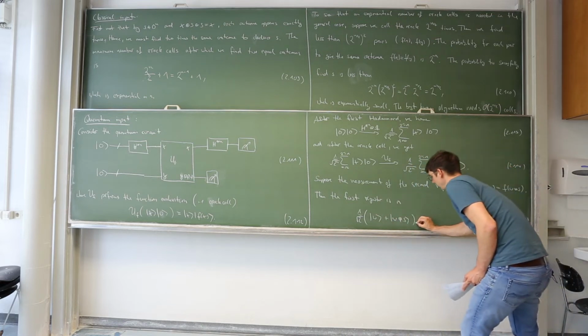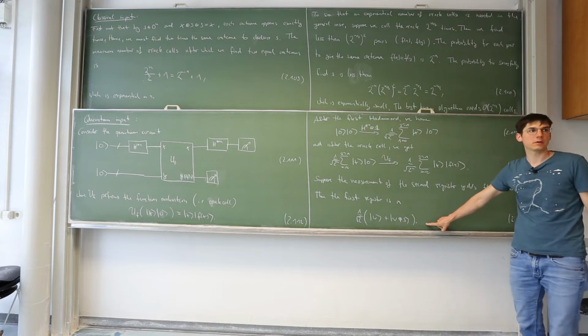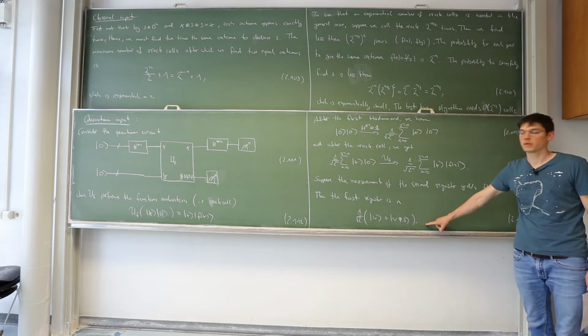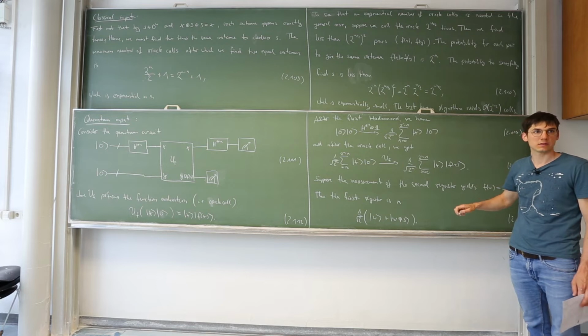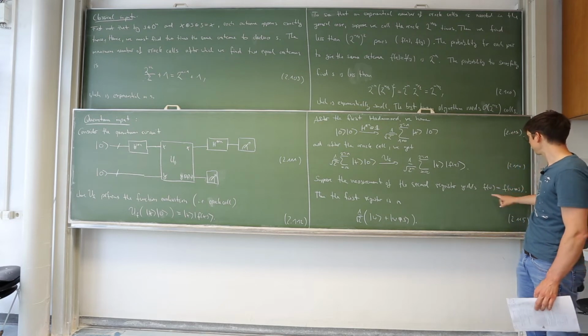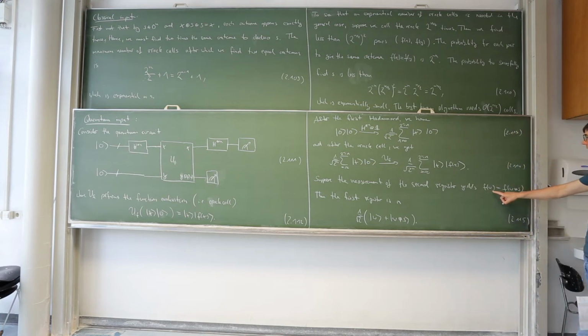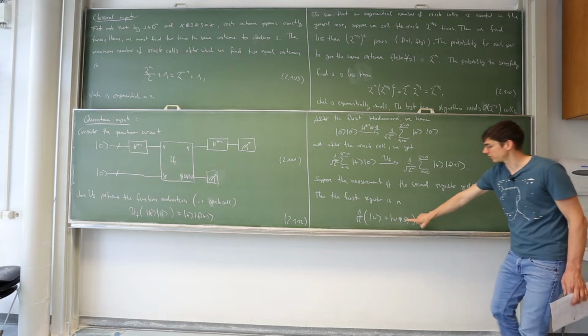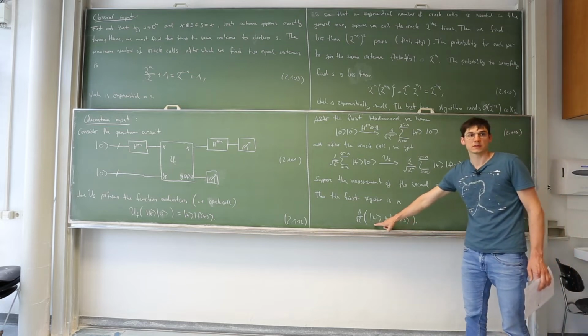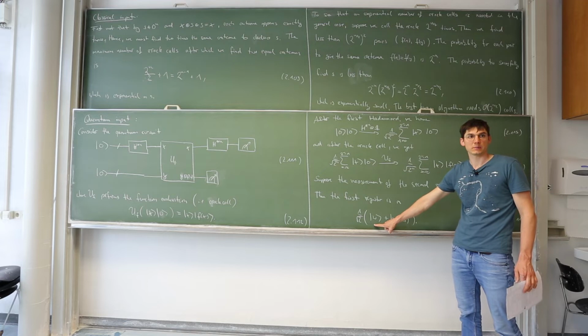So this is now the state of the first register after we measured the second register, right? So we measure the second register, say w, f of w, okay? And then we know there are exactly two outcomes, so two values of x which give the same outcome, meaning that the first register must be in the state of these values x which give the same outcome. Okay?